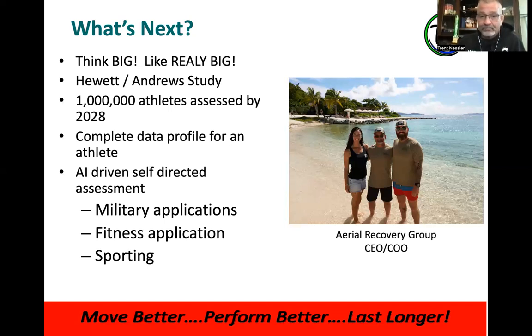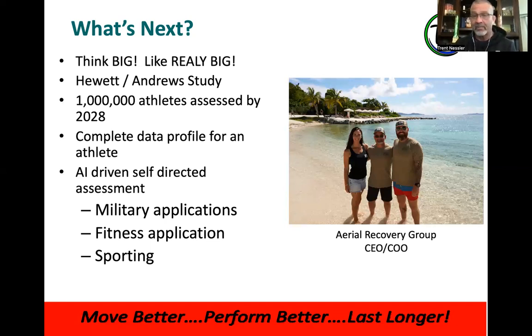Just stay tuned. And then finally is our next version of the AMI. I will say probably in the next five years, we will have a new version of this that will be self-directed, because where I see the biggest area of opportunity is, I work with police officers and firefighters across the U.S. It's been one of the most rewarding things working with true American heroes.